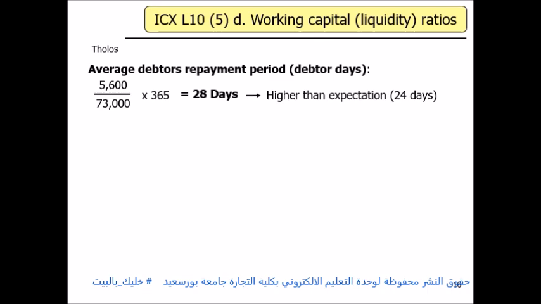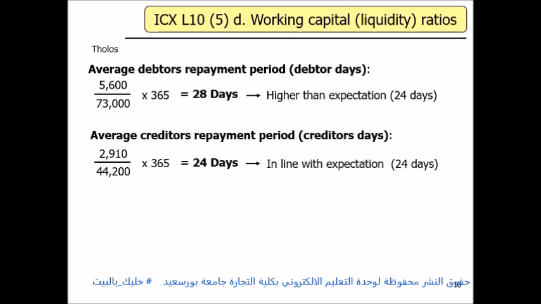The expected is 24 days, and the actual is 28 days. The second ratio is the average creditors repayment period, which is equal to closing payables divided by purchases multiplied by 365, which is 24 days, the same as expected.